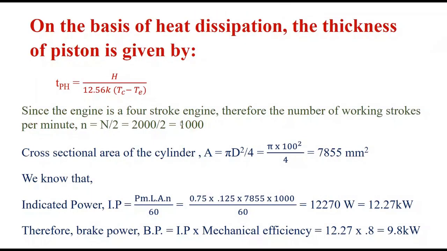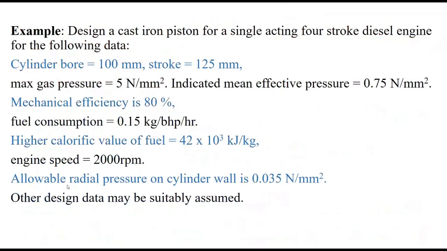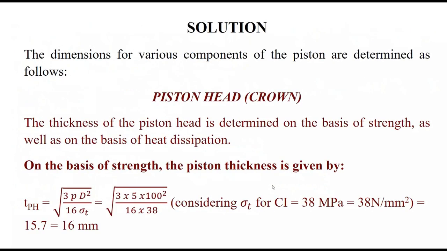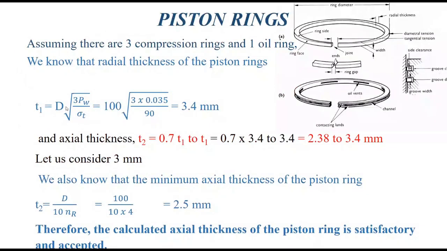Now, in the question we see the allowable radial pressure on cylinder wall is 0.035 Newton per millimeter square. So this is your PW. 3 times 0.035 divided by sigma T.